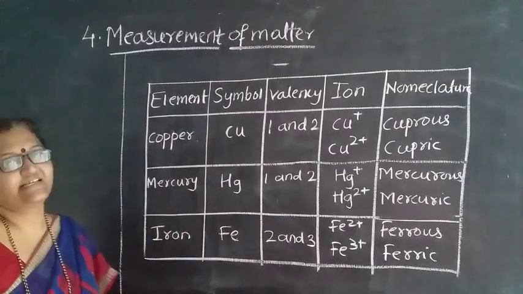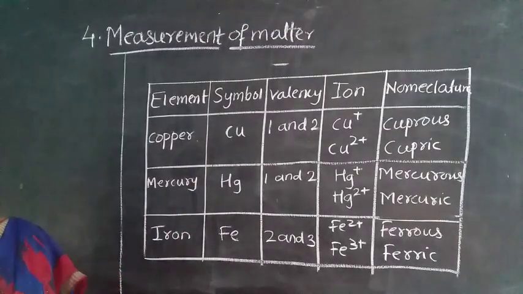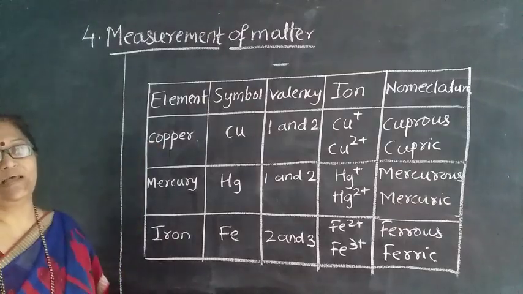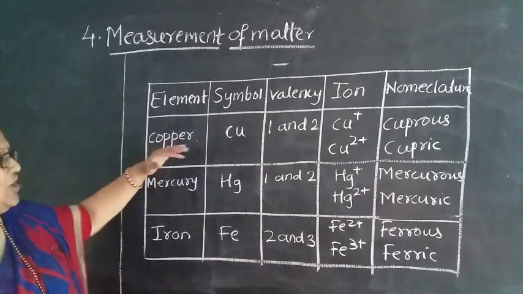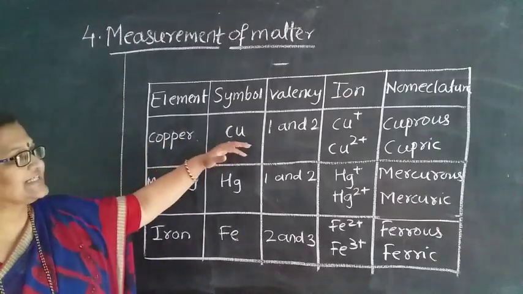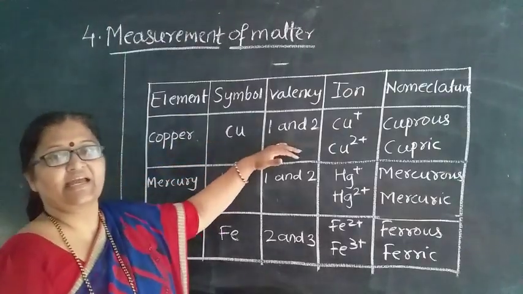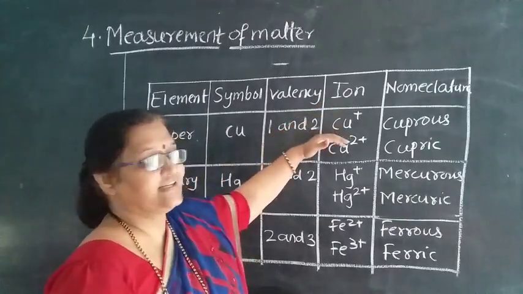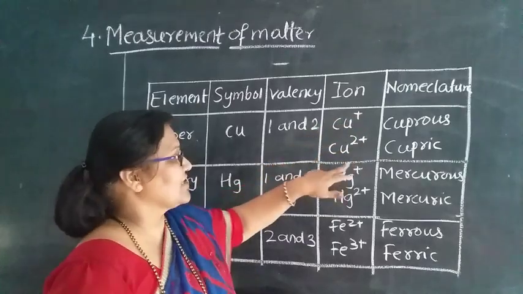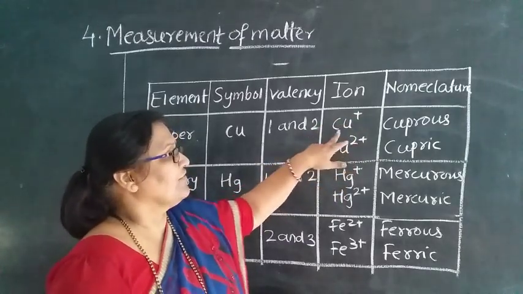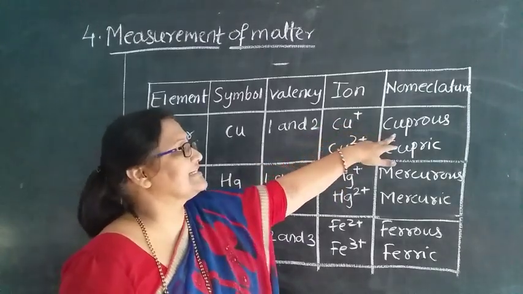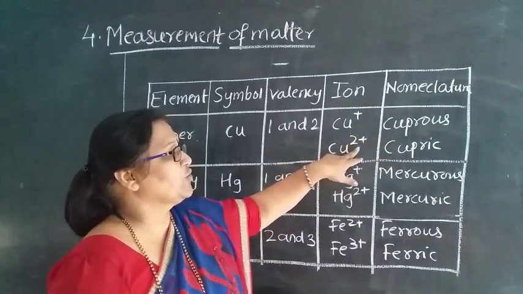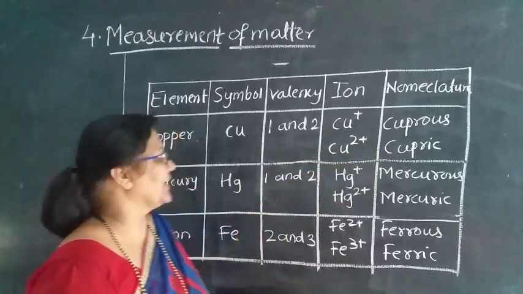Next we are seeing variable valences. Any element may have two valences. How is that? See here, copper, the symbol is Cu, it has valency 1 and 2. It is written as Cu plus or Cu2 plus. Where it is Cu plus, it is cuprous, and whenever it is Cu2 plus, it is cupric.